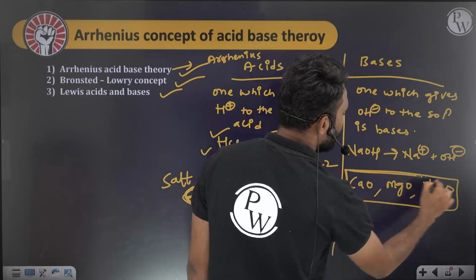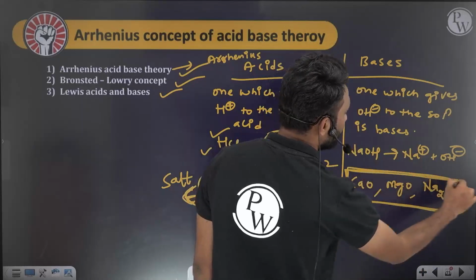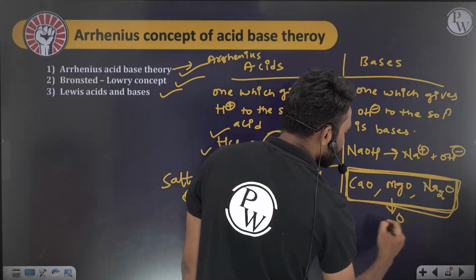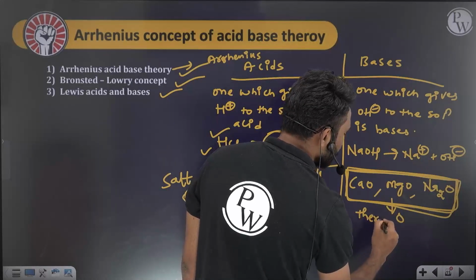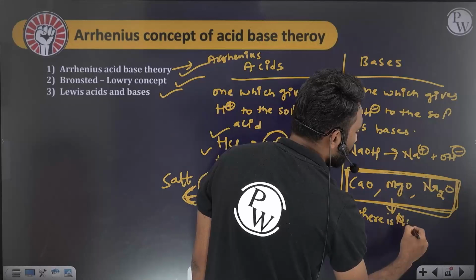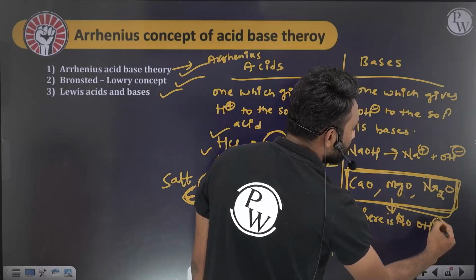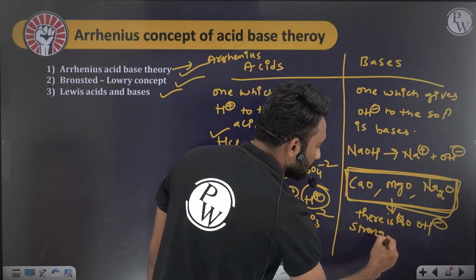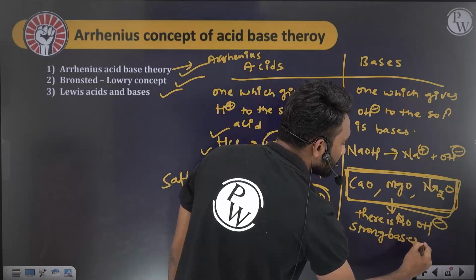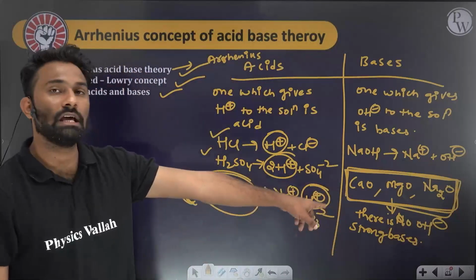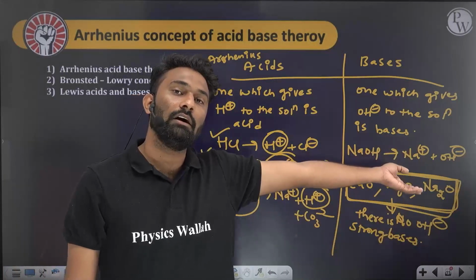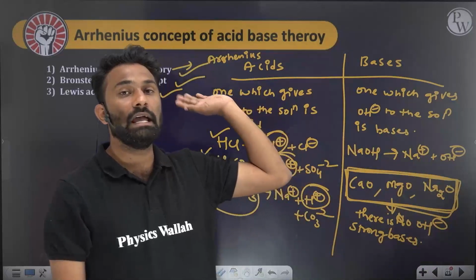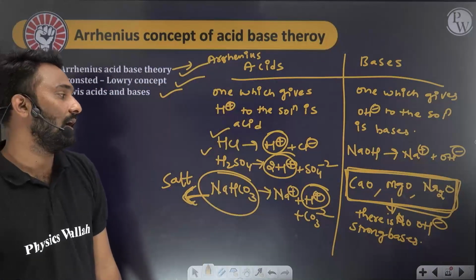But in these three there is no OH, even though these are strong bases. That was not explained by Arrhenius.